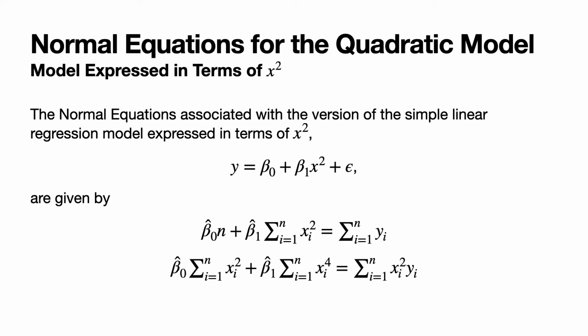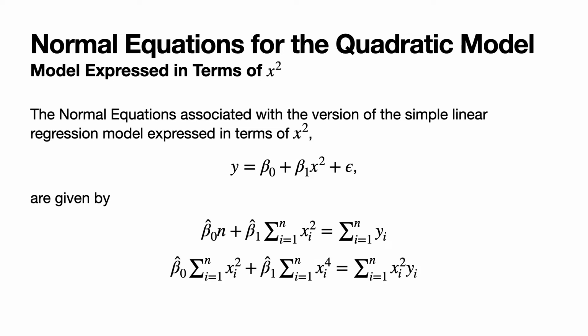And that's because x squared is equal to w. So we need to replace w with x squared because w is equal to x squared, and that same type of thing happens in the second row. For example, look at the term involving beta 1 hat there. Beta 1 hat times the sum not of the squared x values, but of the x's raised to the fourth power.